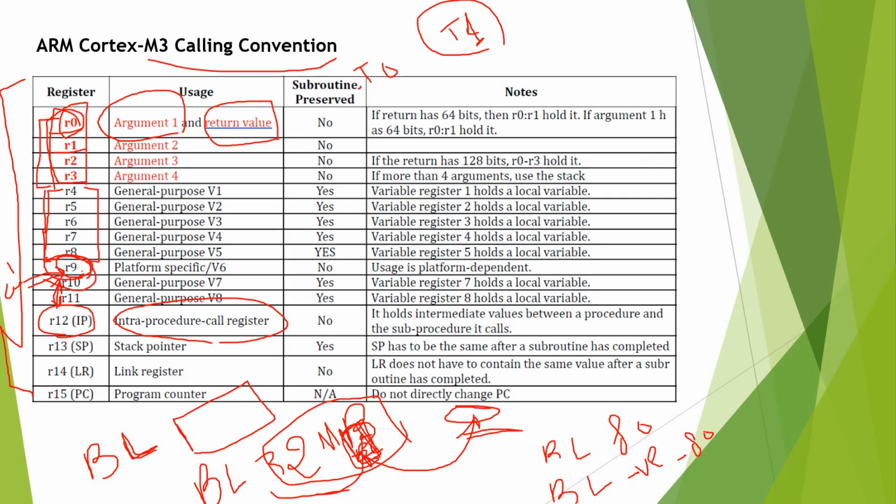So it's a totally new function, and this veneer will load the address of the real function into the register R12, and then we do another branch with link to R12. This will have the address of our main function F0, and then we are branching to R12.